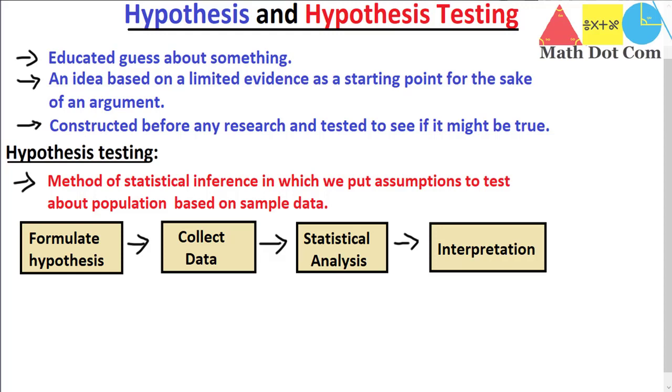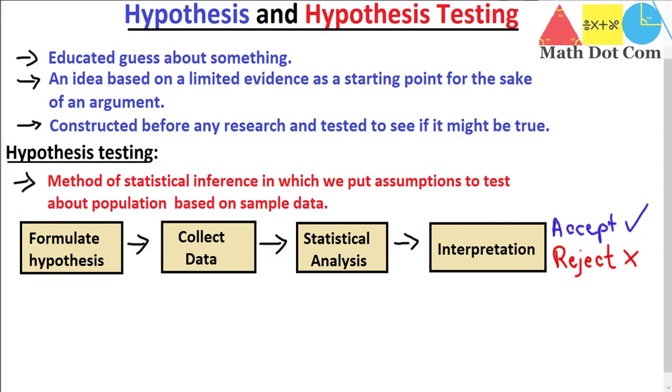So what does it mean? It means whether you accept the hypothesis that you formulated in step 1, or you reject the hypothesis that you formulated in step 1. So this is how the hypothesis testing goes on, and accordingly you present your results, or you check whether the results just happened by chance, or whether the results are providing you meaningful information or not.